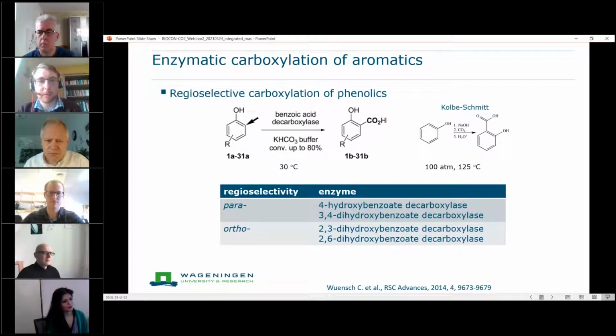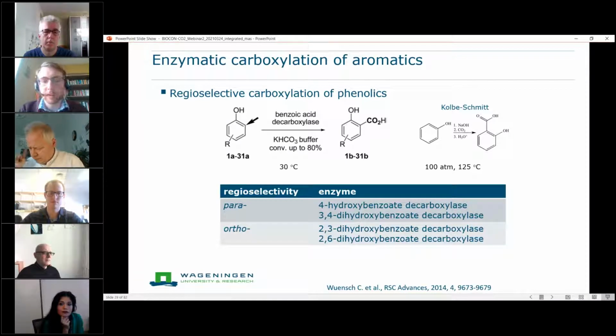Okay, I just briefly want to also introduce this example of carbon dioxide conversion chemistry using enzymes. Here there's a slightly more complex chemical reaction, and this is the carboxylation of phenols using the enzyme known as benzoic acid decarboxylase.